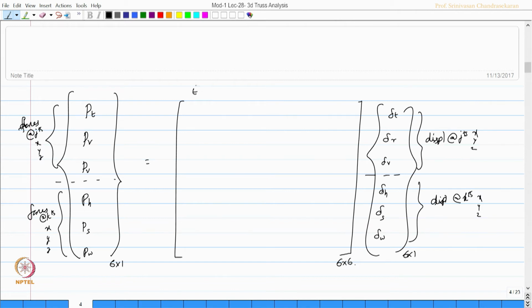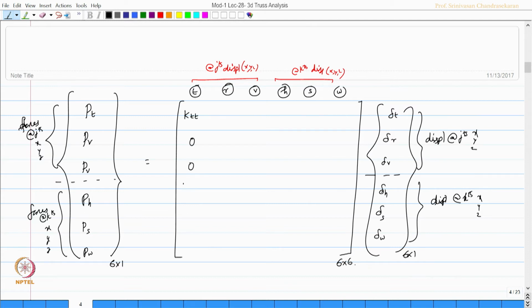The labels could be T, R, V, H, S, and W. So, this will be at jth end displacements, and this will be at kth end displacements along x, y and z. So, obviously, for a truss member, this value will be k t t, and the r and v contribution will be 0.